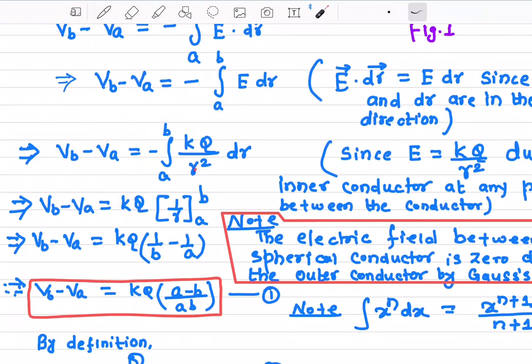Then we have 1 over r squared, and if you do the integration of 1 over r squared, you will get negative 1 over r. So I'm just putting 1 over r, and this negative will make it positive.